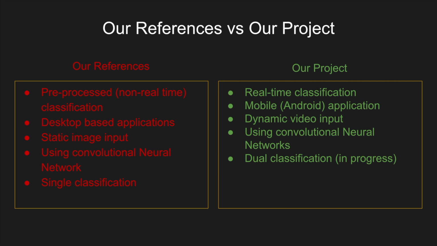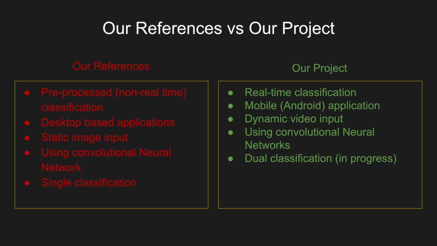They also use convolutional neural networks, which we're also using, by the way, with TensorFlow and Keras. Our references work with single classification, meaning they're processing on a case-by-case basis. So it's one input, processing, and output, and then to classify another input file you have to start over, so it's sequential and not continuous.